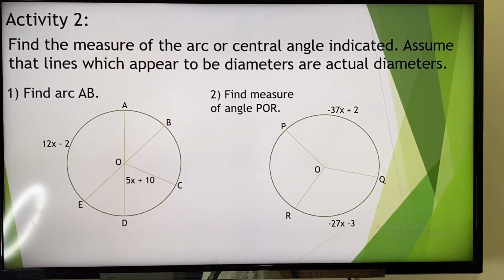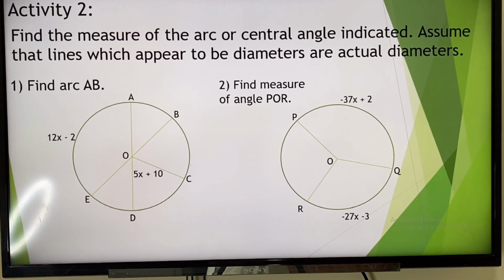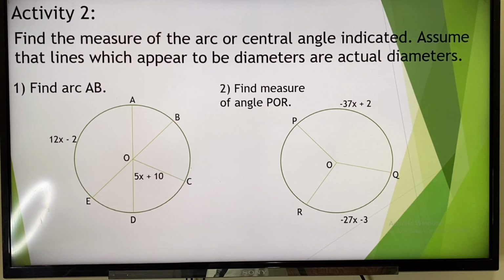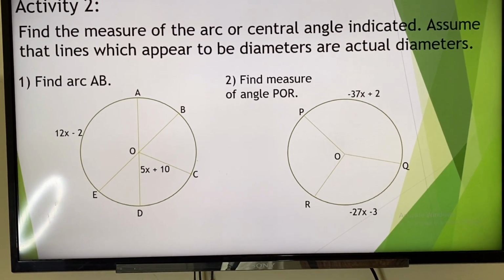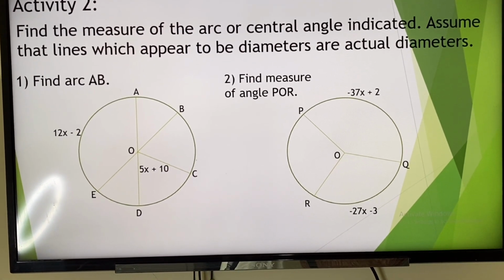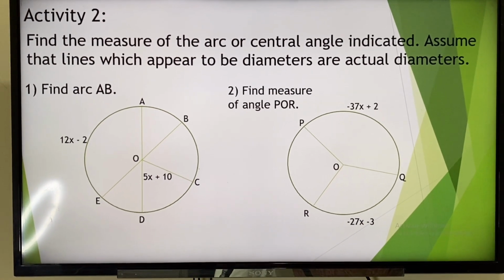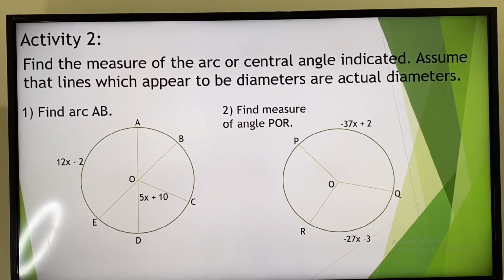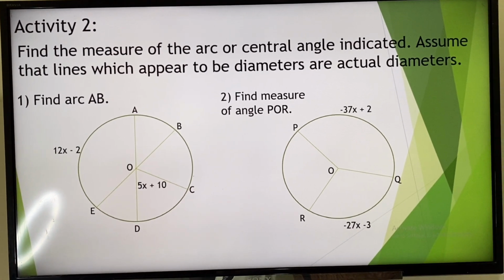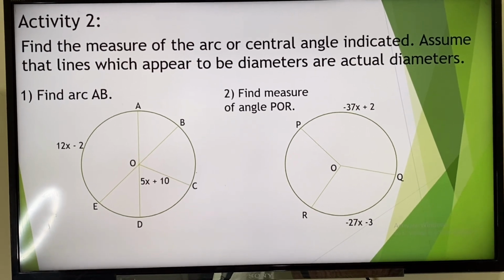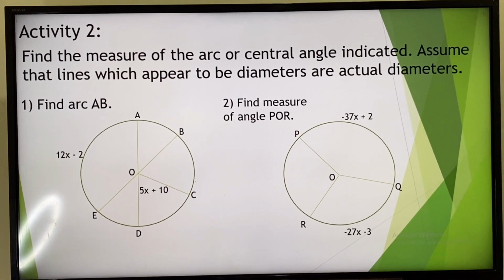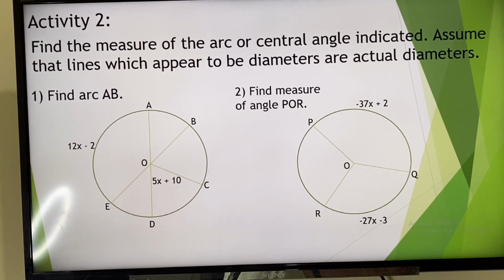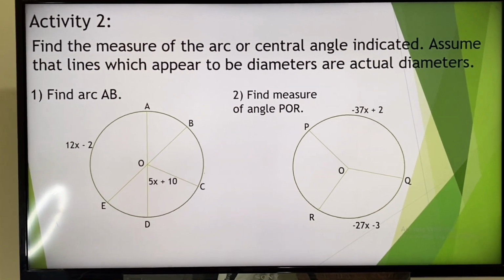So what I mean is the sum of angle DOC and angle BOC is congruent to angle AOE because they are vertical angles. And for number 2, find the measure of angle POR. We have the given arc PQ is equal to negative 37x plus 2 and arc RQ is equal to negative 27x minus 3.